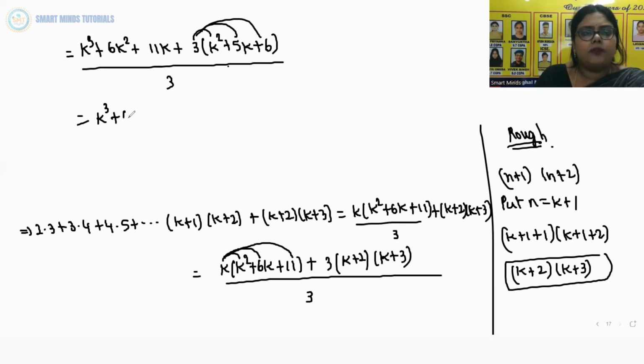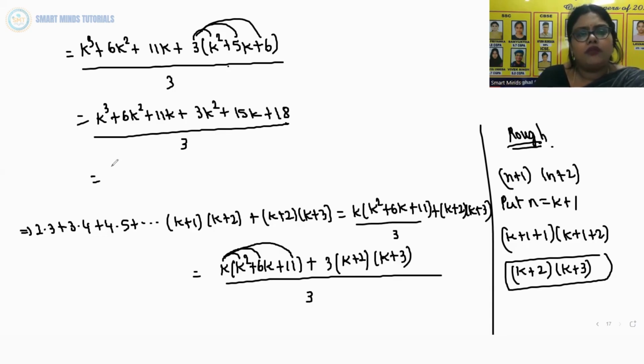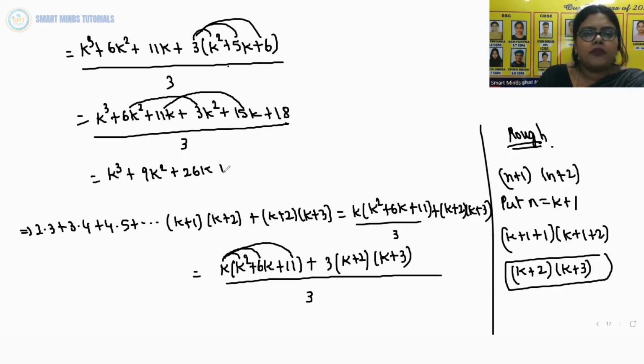So k³ + 6k² + 11k + 3k² + 15k + 18 by 3. Now we need to simplify this. k³, there is only one term. Then 6k² plus 3k² is 9k². Then 11k plus 15k is 26k, plus 18 by 3.